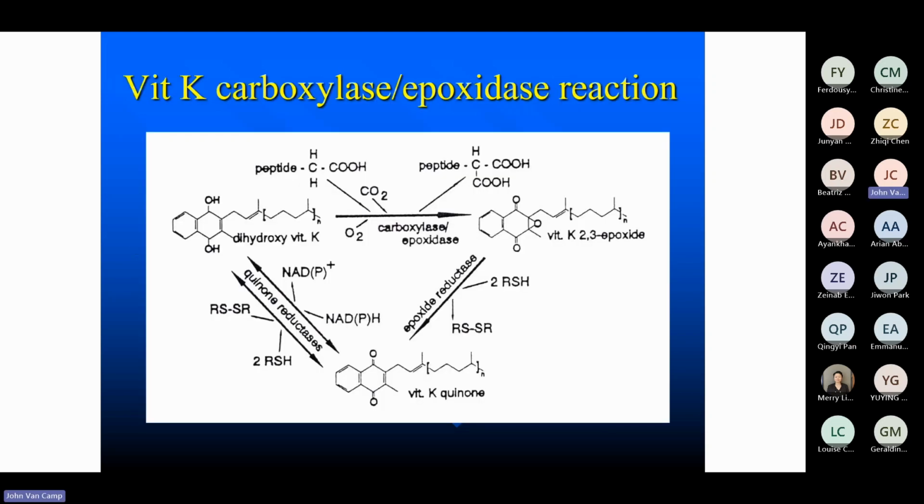And here an example of how it works. So the vitamin K catalyzes the uptake of CO2 inside the protein so that the calcium binding properties of the protein increases, like for example in blood coagulation. And then the epoxide form of the vitamin K can be regenerated into the original dihydroxy form by the use of a couple of reactions.